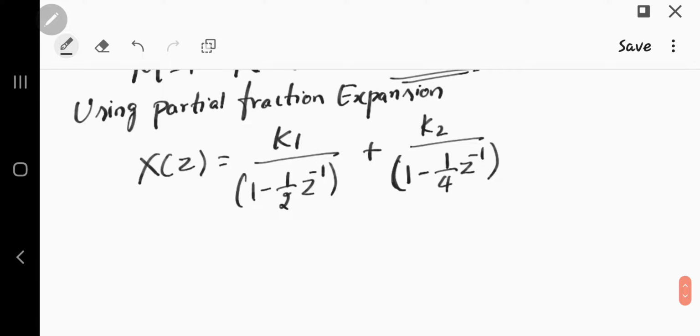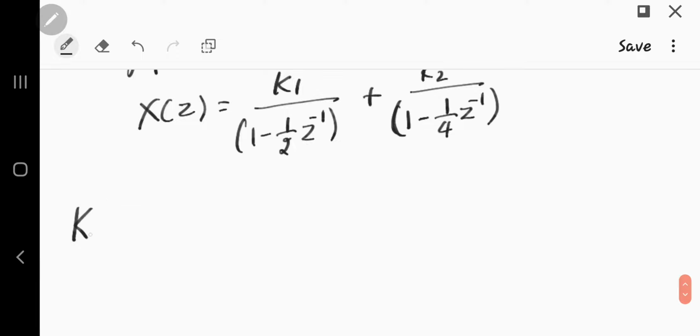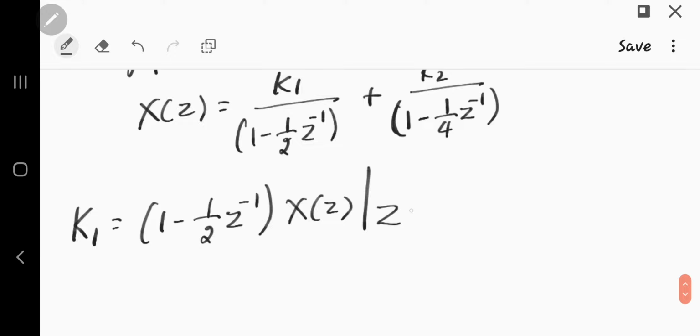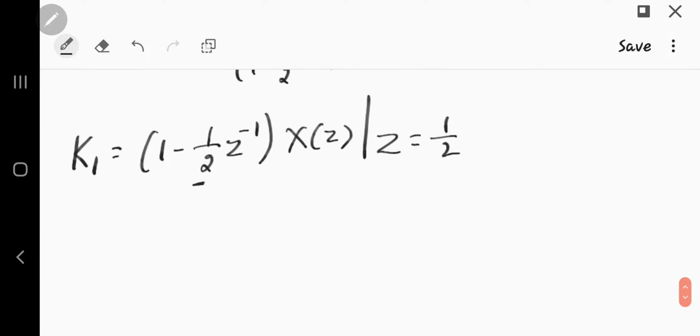So let's find the values for k1 and k2. k1 is equal to the denominator of that, 1 minus 1 by 2 z inverse, into x of z, where z takes the value of psi l, that is 1 by 2 in this case.